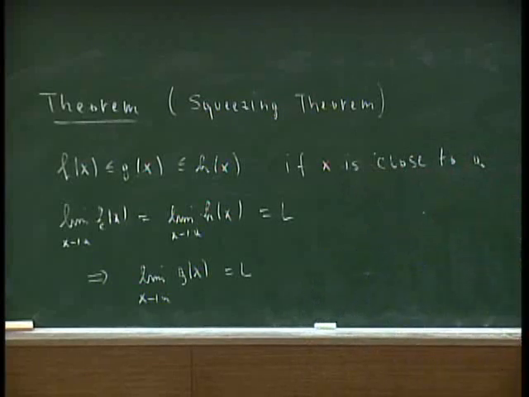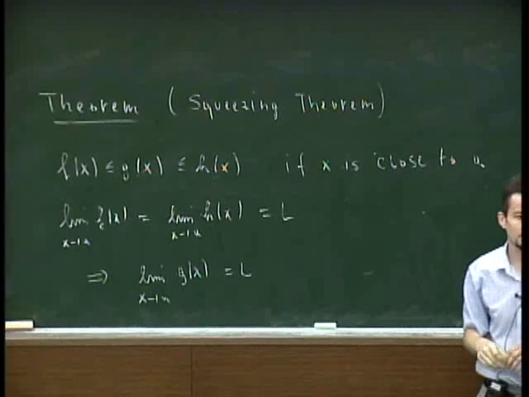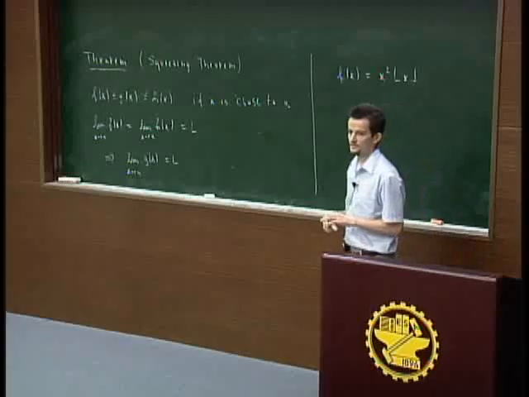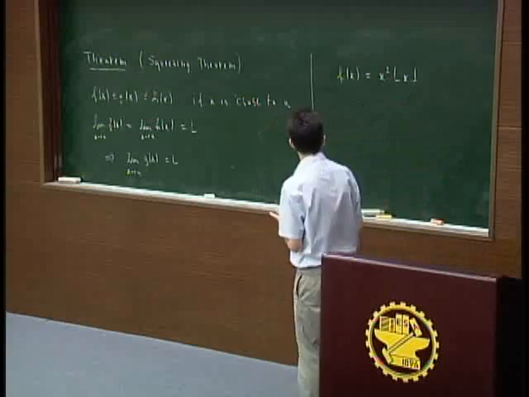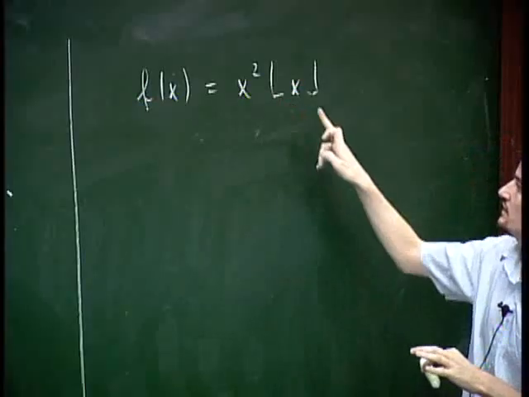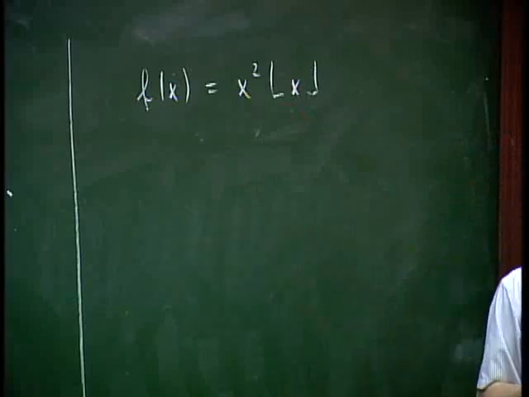Maybe let's first look at an easy example. This is the function we have seen today in the in-class homework: the largest integer smaller or equal than x. Maybe in high school you have used another notation.